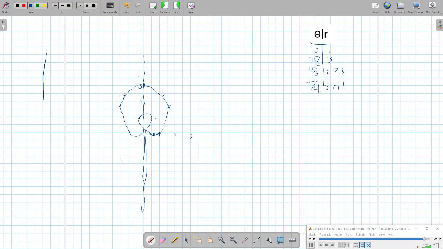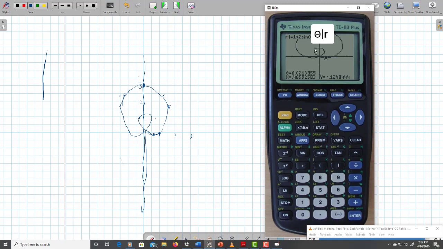Then how high up does that go? To 1? So at theta is 4.71. Is that 5 pi over 6? 3 pi over 4? 3 pi over 2?